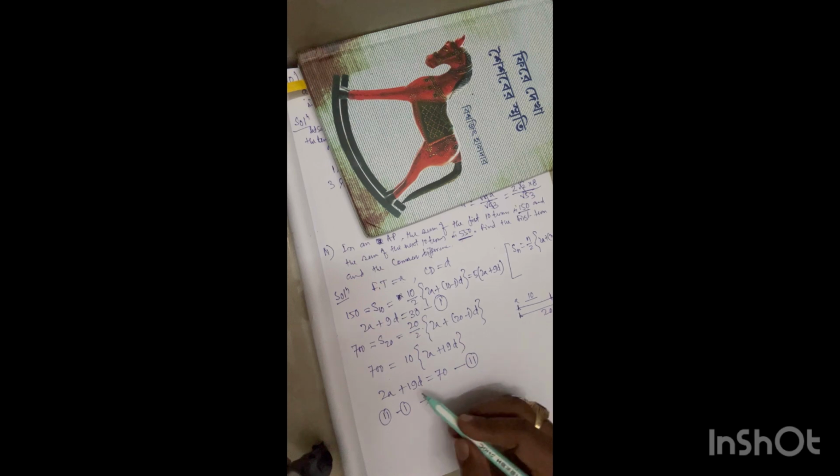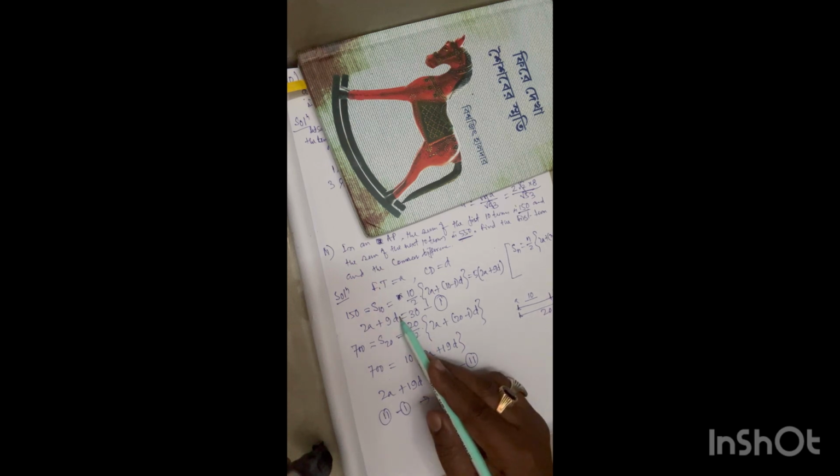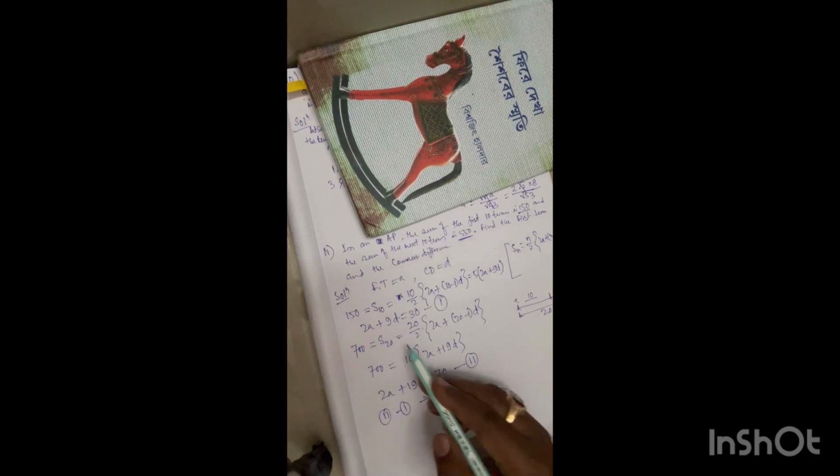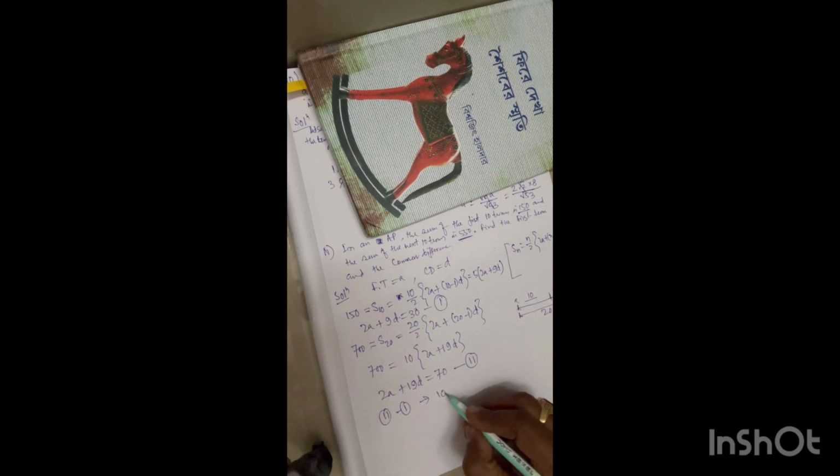So now I will deduct the first from the second, so 2A will be eliminated. 19D minus 9D will give you 10D, and 70 minus 30 will give you 40. So this implies D is 4.